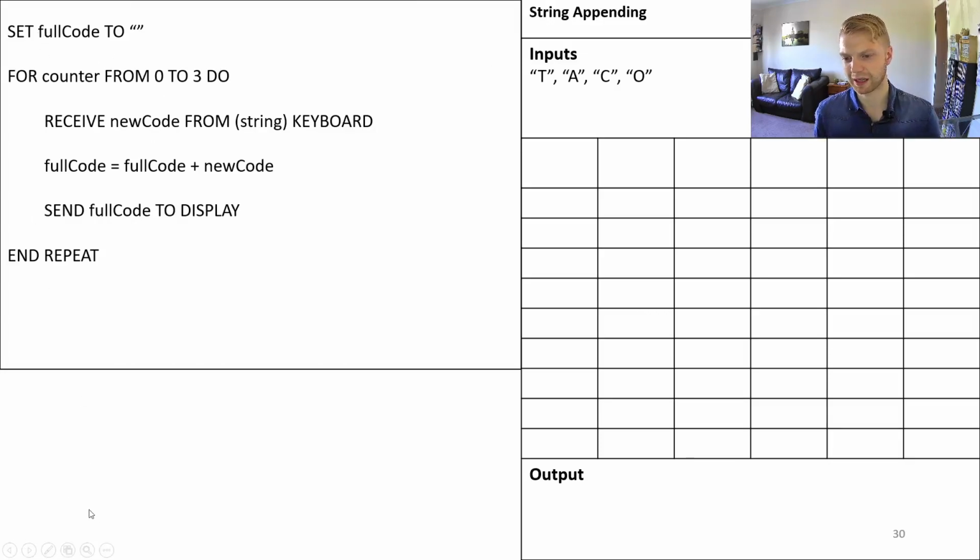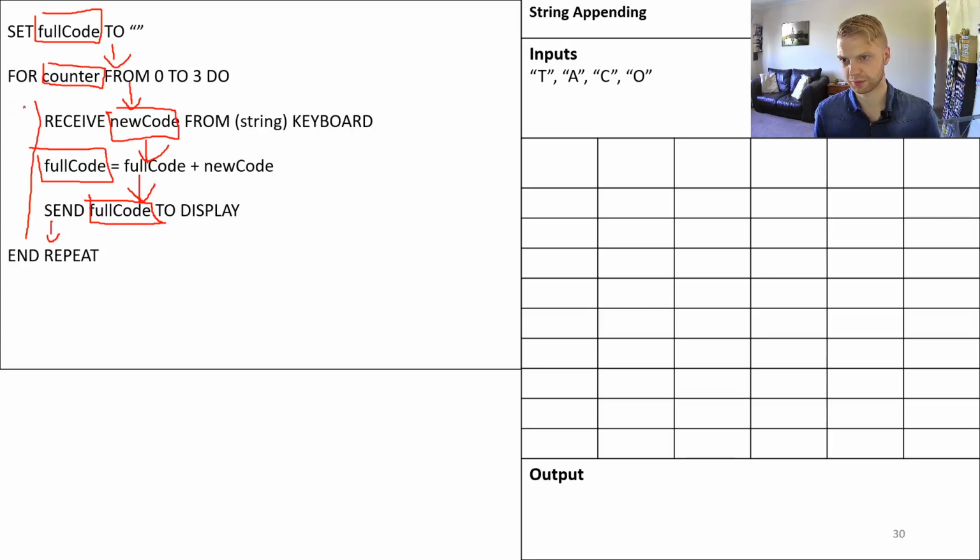So as before, we will highlight our variables. Let's get full code, counter, highlight this and this, and then we'll put our arrows in, and it's going to go around 4 times.